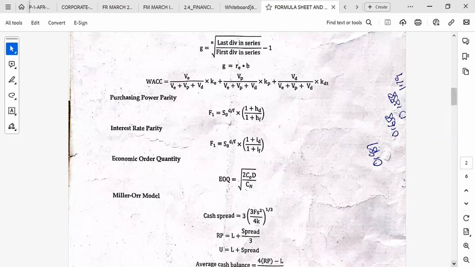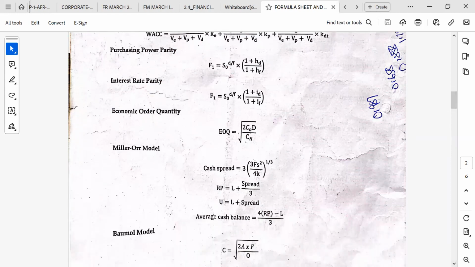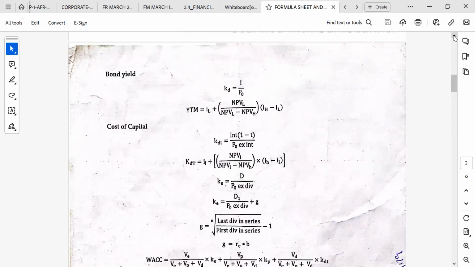Sometimes they can also ask you to calculate the average balance, which is the Baumol model. This is 2 times the annual cash demand times the cost of selling the instrument, divided by the interest that you'll be earning on the instrument. It's the same formula we have been using.